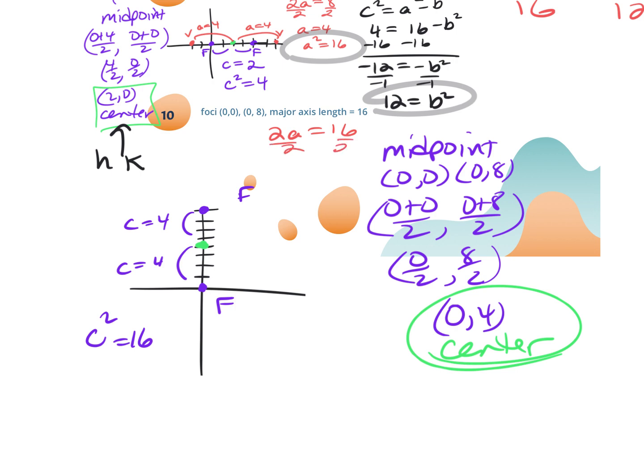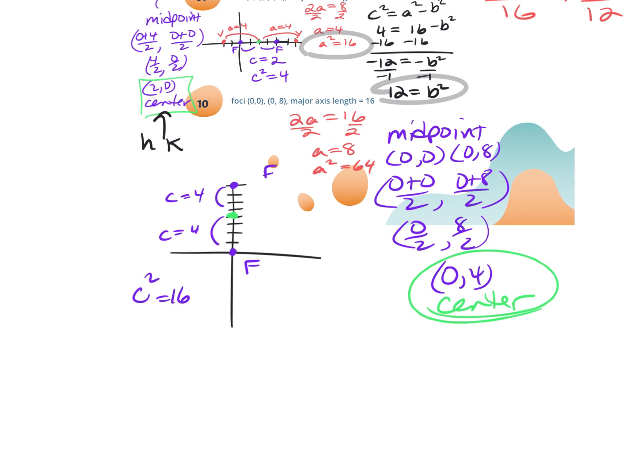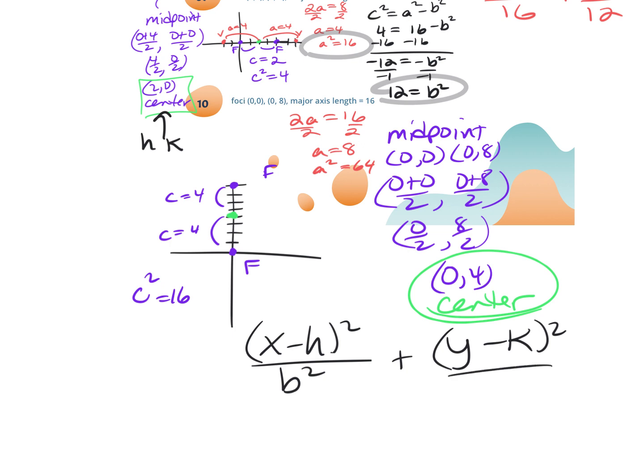Divide by 2, and A equals 8. So A squared is 8 squared, 64. So again, my center was not at 0, 0, so I'm using the longer equation, x minus h squared, and it's going to be vertical. So the b squared is under the x, and y minus k squared has a squared underneath because it's vertical.